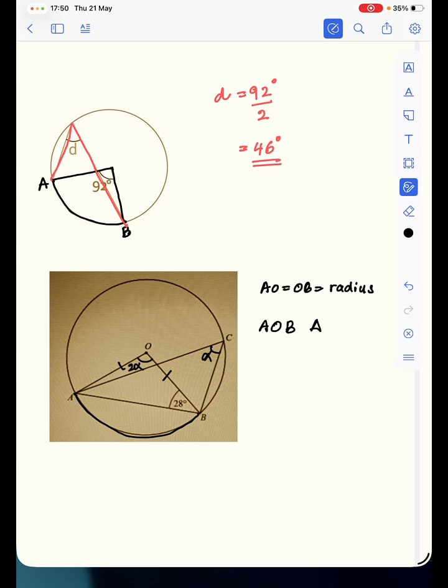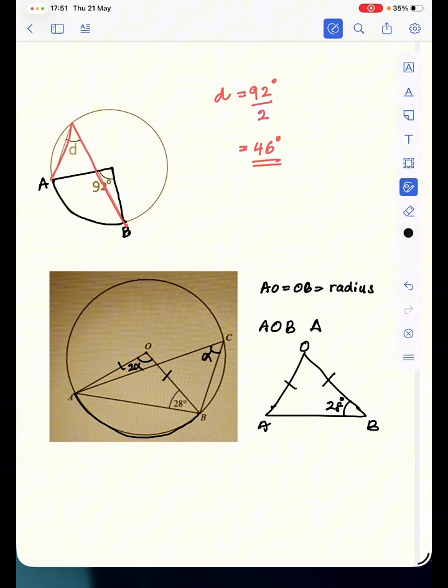Now, for these isosceles triangles, there's a theorem. What is the theorem? The angles opposite the equal legs of an isosceles triangle are equal. That means if I take the triangle AOB here, let me write A, B and O, these two legs are equal, right? So this angle is 28, which is given.